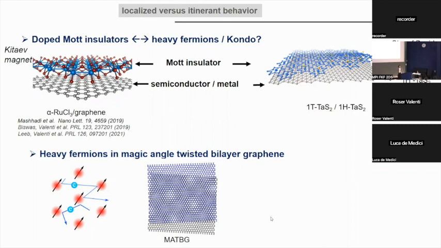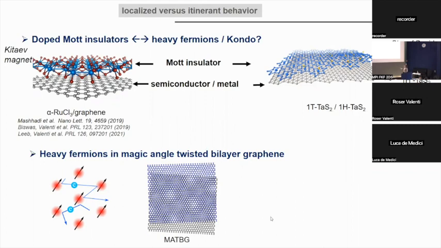It is a system where you have very well-defined magnetic moments on a honeycomb lattice, but the interaction between these magnetic moments is spin anisotropic, and in fact it has signatures of Kitaev physics.